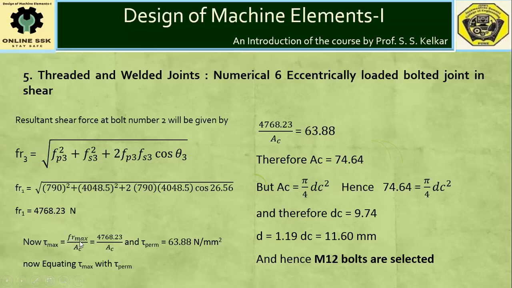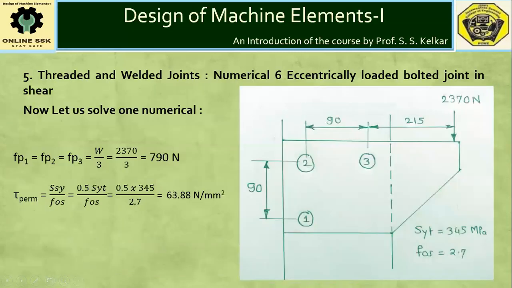This maximum resultant shear force divided by the core area of the cross section of the bolt will represent the induced maximum shear stress. Induced maximum shear stress will be equal to the maximum shear force divided by the core cross section area. And the permissible shear stress we have already calculated; its value is 63.88.